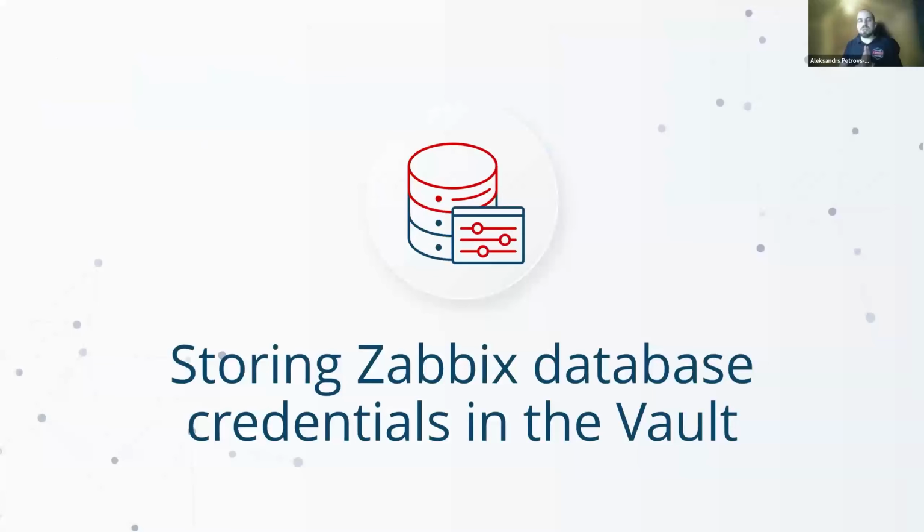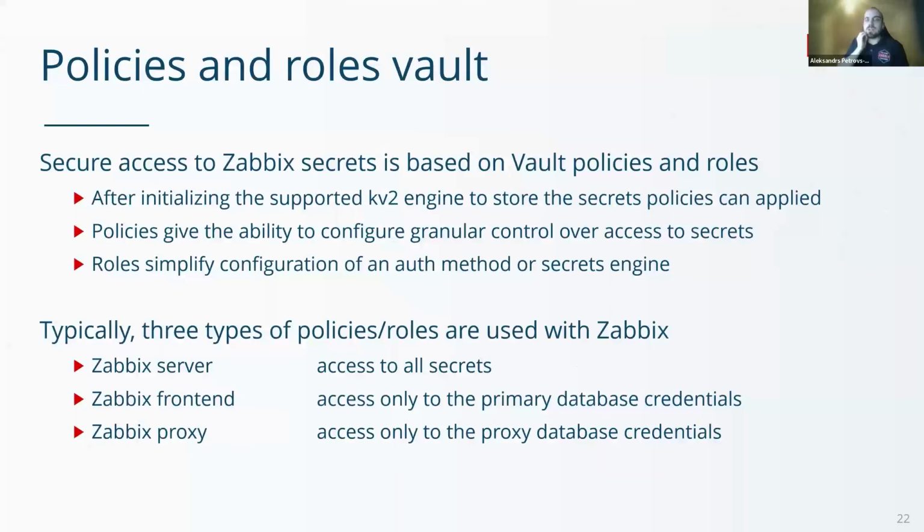So what is the process of storing the Zabbix database credentials in the vault? Well, it is based on policies and roles. Of course, you can technically use the root token for everything, but that's always a bad idea. So we should generate different access, right? Different tokens for different components.